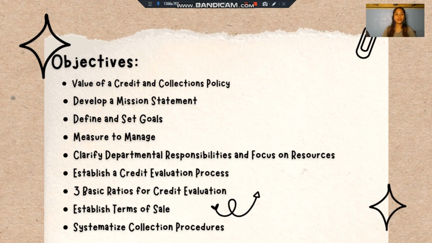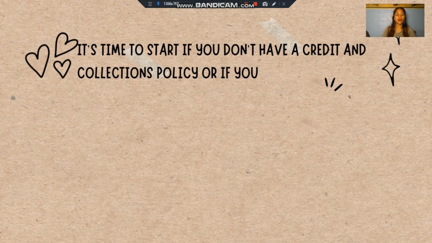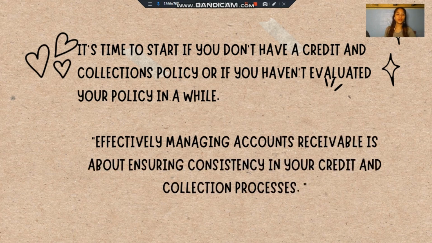First is the value of a credit and collections policy. It's time to start if you don't have a credit and collections policy or if you haven't evaluated your policy in a while. Effectively managing accounts receivable is about ensuring consistency in your credit and collection processes. The secret to this consistency is designing and actively implementing a credit and collection policy.